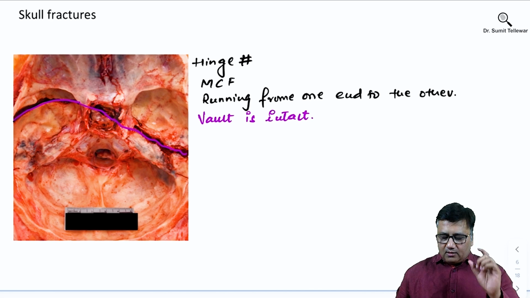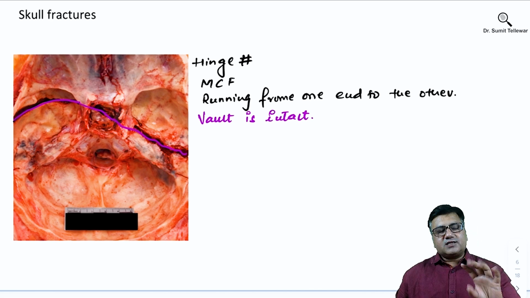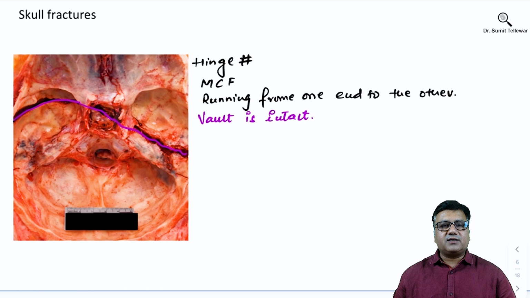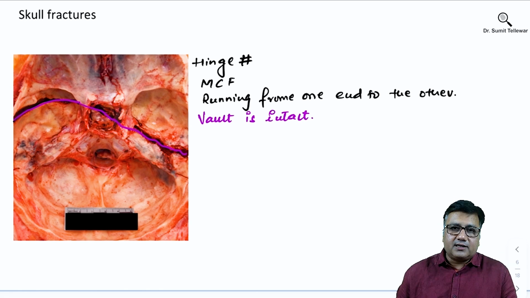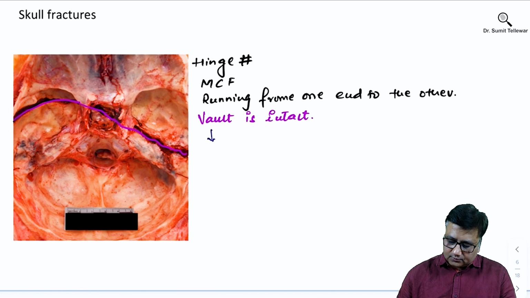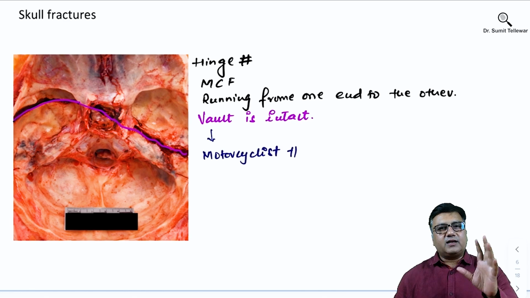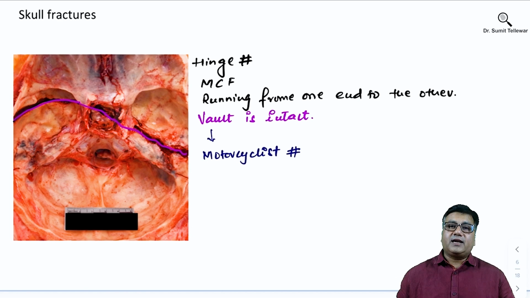Okay, because these kind of fractures are observed in lot of people who are driving two wheelers, who wear helmets, if they unfortunately meet with an accident. That is why this fracture has another name called as motor cyclist fracture, right?